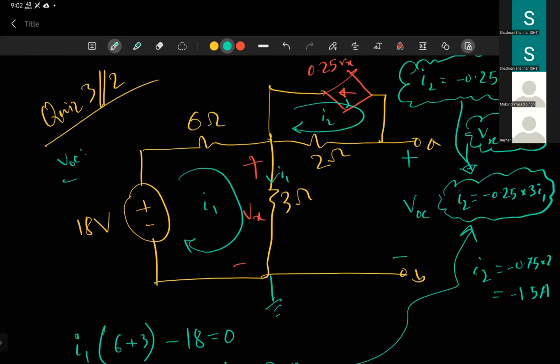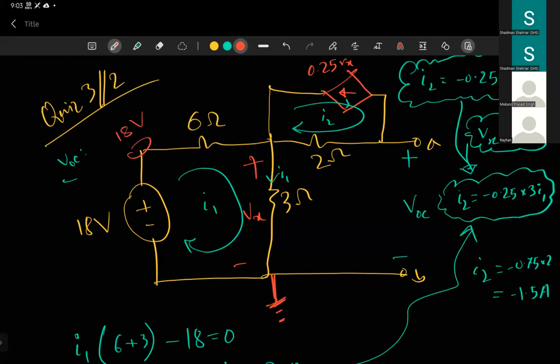Excuse me, sir. If we use node analysis here, then what will be our Vx? If you are doing node analysis, that's even easier, right? Because if you are trying to find VOC, that is voltage, yes, the voltage of this node is 18 volts.